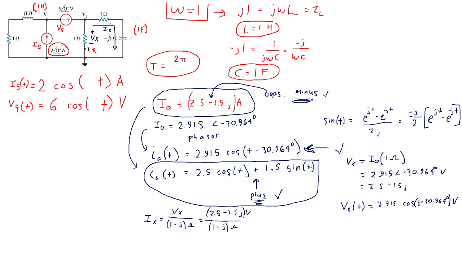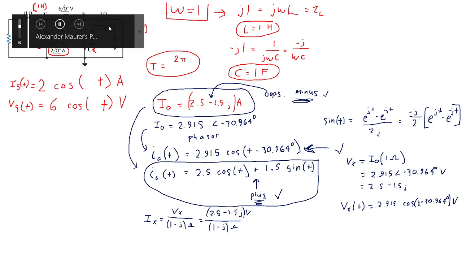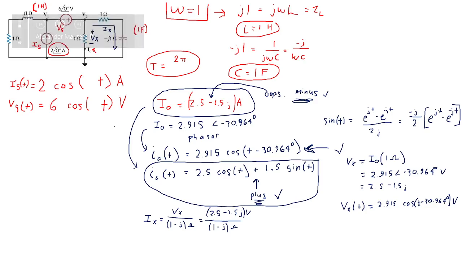We used the node voltages, that is one of the ways we solved it. So we have this Vx. Vx is across this series pair of impedances. So I can calculate the current as the phasor form of the voltage divided by the impedance as a complex number. So this is 1 minus J. Oops, I forgot the J there. Ohms.